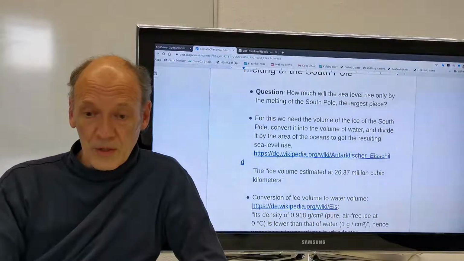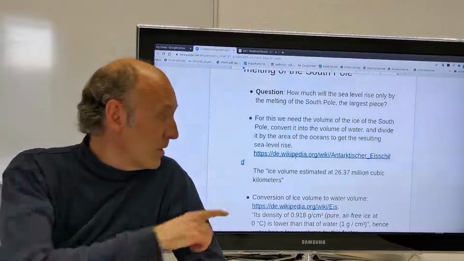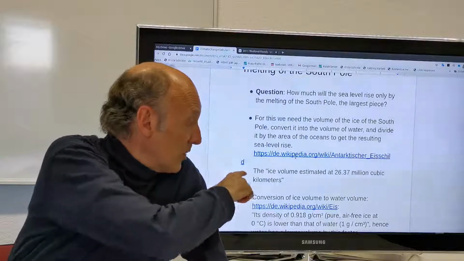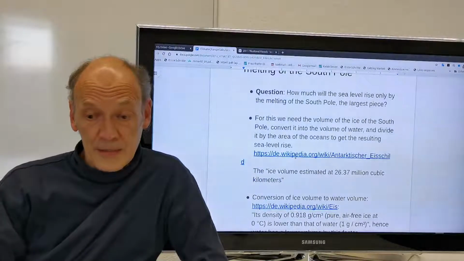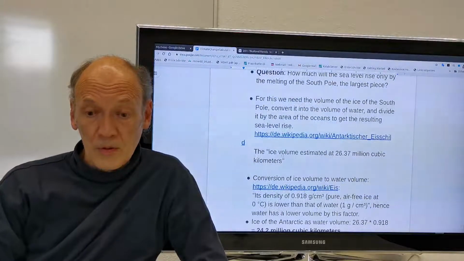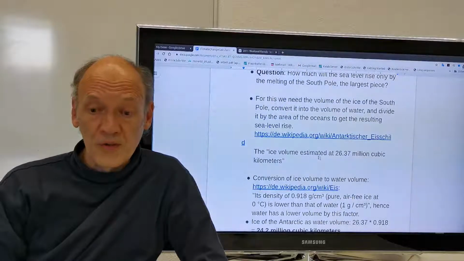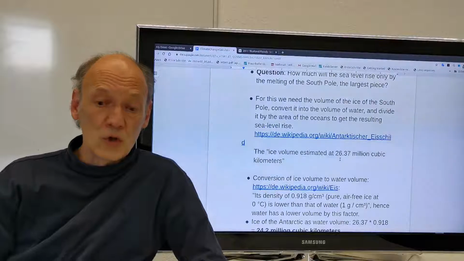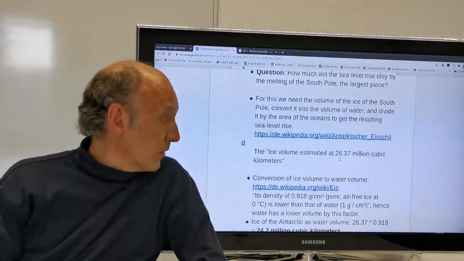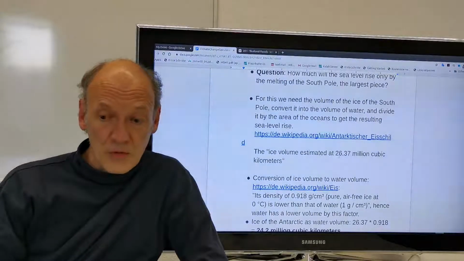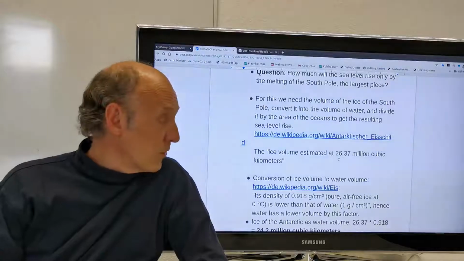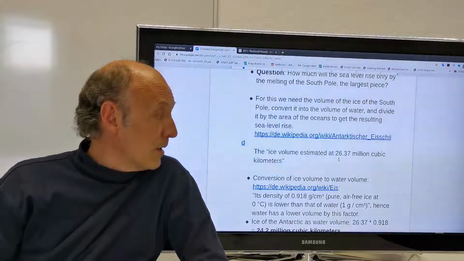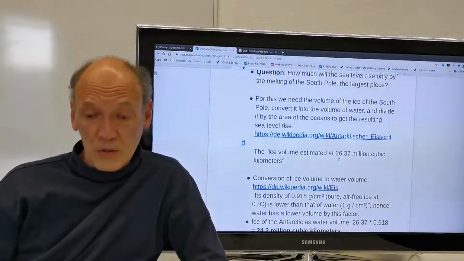Again, here I have the German Wikipedia link in which I found the data. Here it's stated the ice volume is estimated at 26.37 million cubic kilometers, and this is actually the most accurate number I found. Often you find rough estimates like around 30 million cubic kilometers.